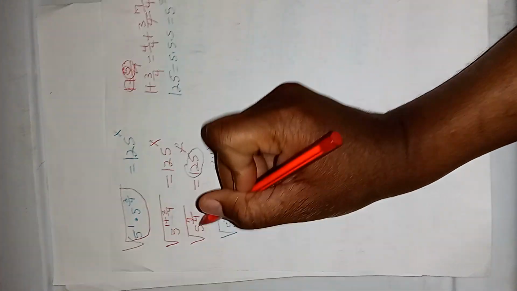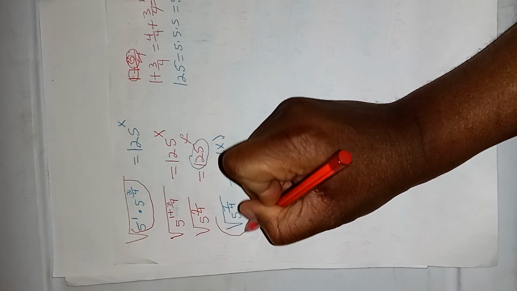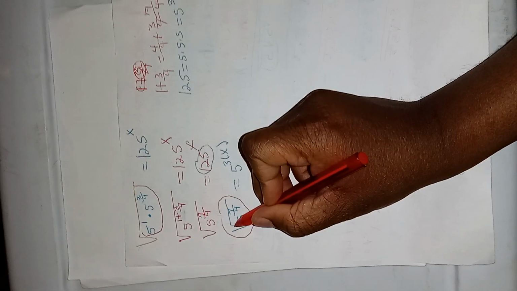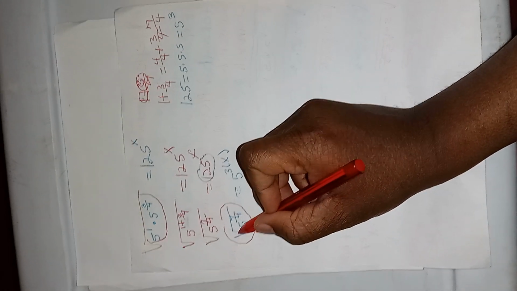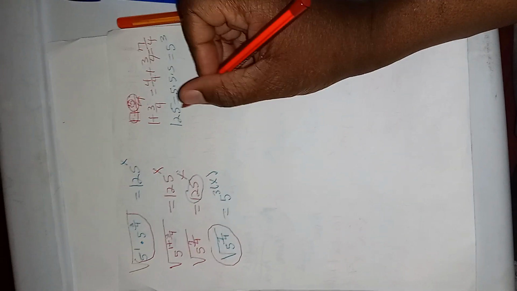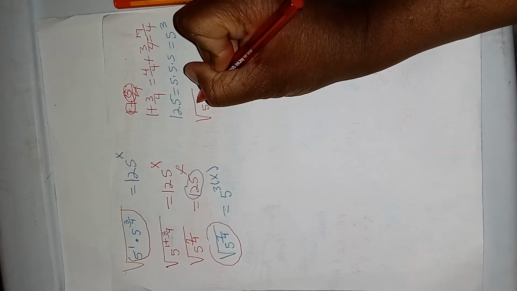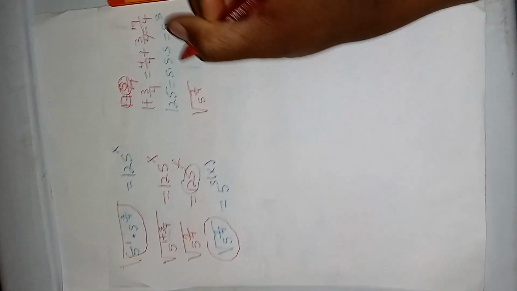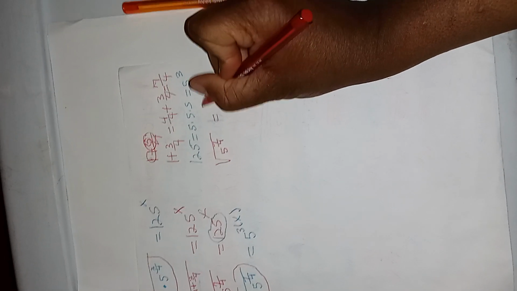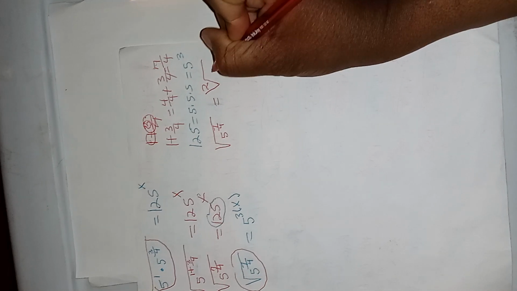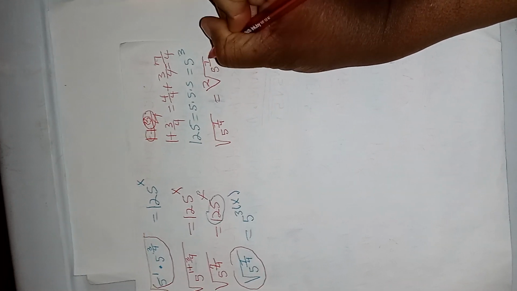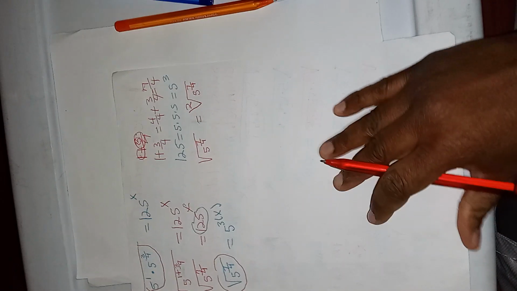And then we want to manipulate the left-hand side of the equation because we have a root there, and it's a square root and has a root index of 2. So the square root of 5 to the 7/4 power can be rewritten as the 2nd root of 5 to the 7/4 power.